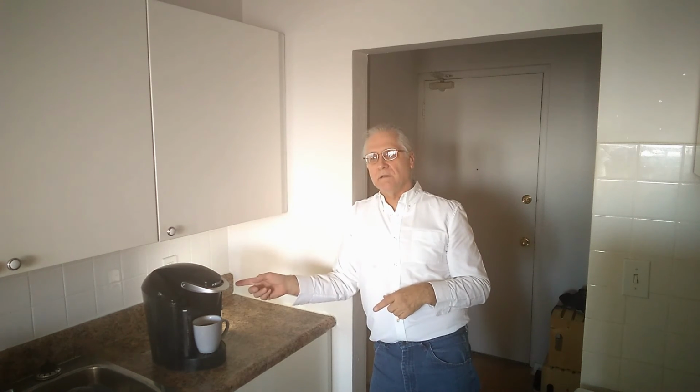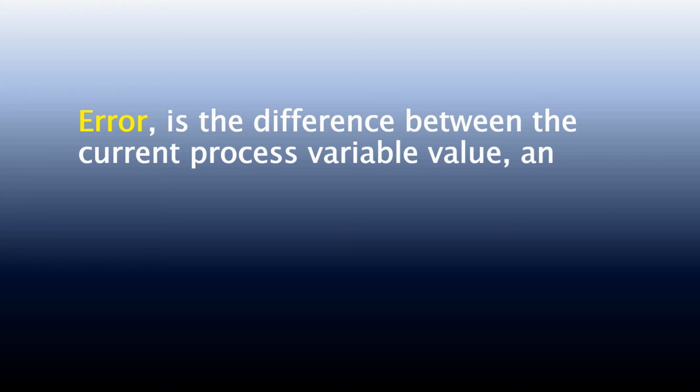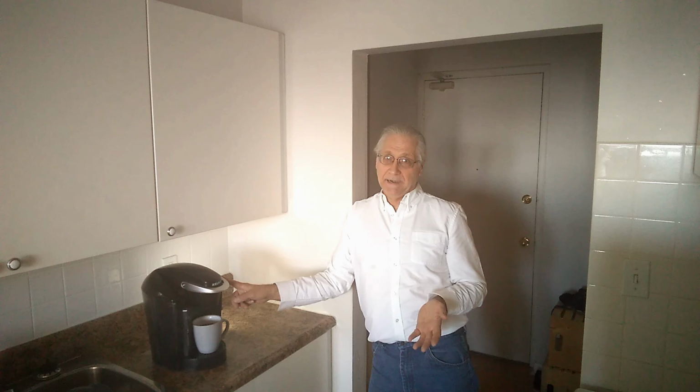If I had chosen the wrong set point for the cup that I used, it's quite possible that I would not have enough to have a cup of coffee, so I would be in error. Error is the difference between the current process variable value and the set point. Or if I put a very small cup and then selected a large, then I would be in error because I would overflow.